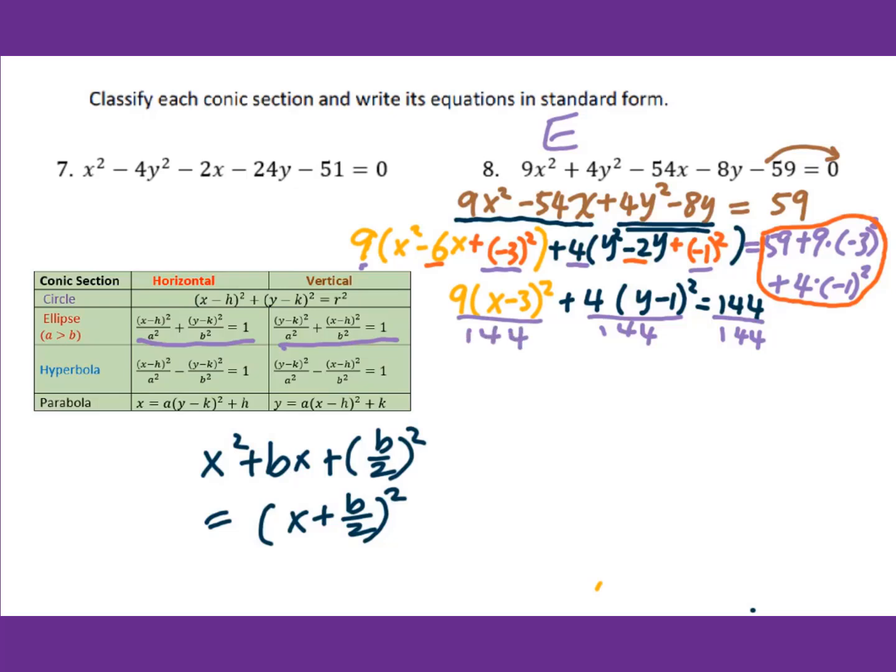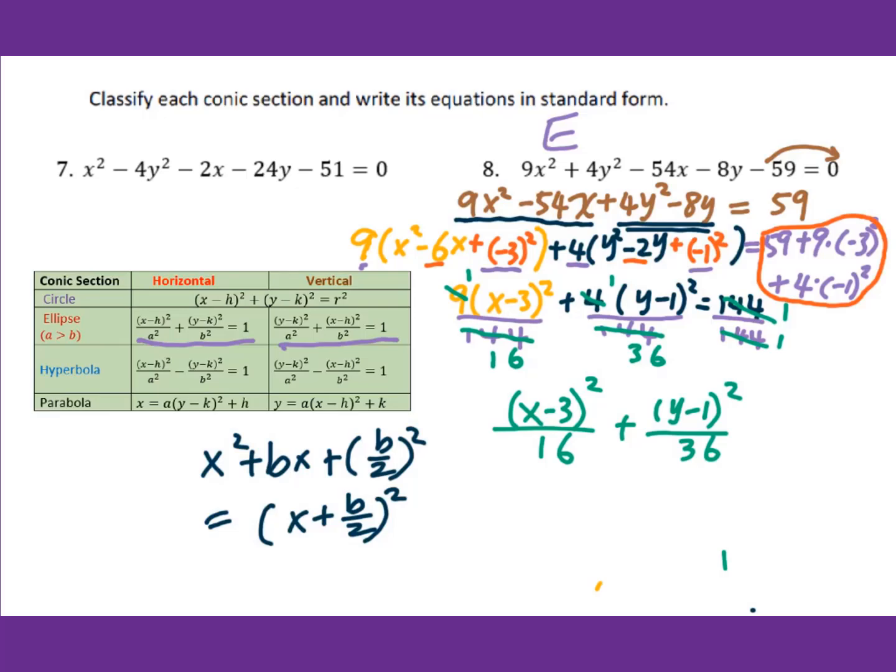Then reduce: 1, 16, 1, 36, 1. So I can write down the final standard form for this ellipse: (x minus 3) squared over 16 plus (y minus 1) squared over 36 equals 1.